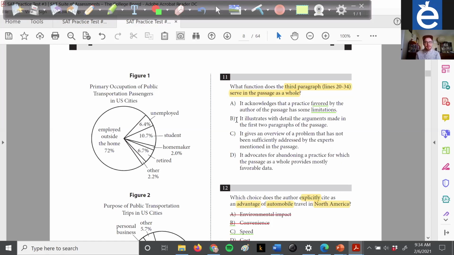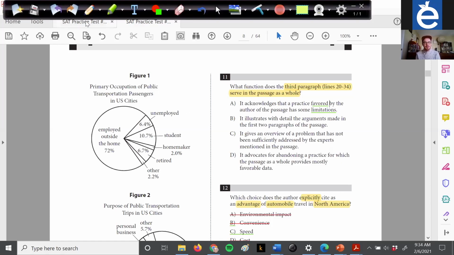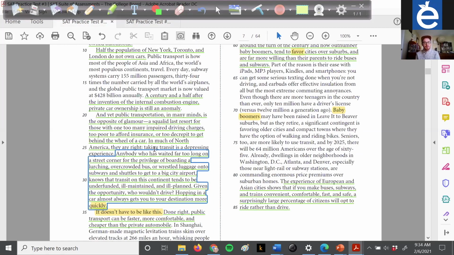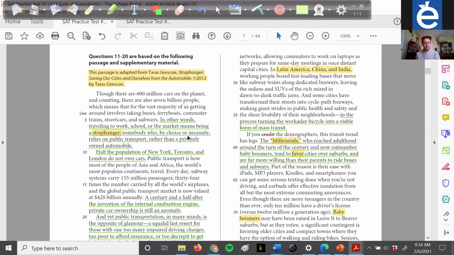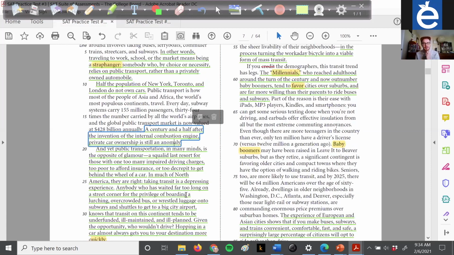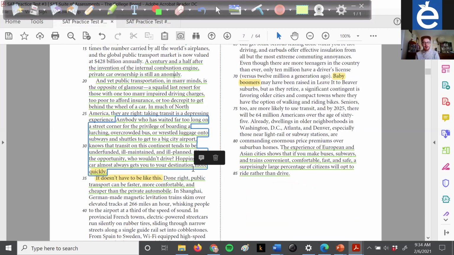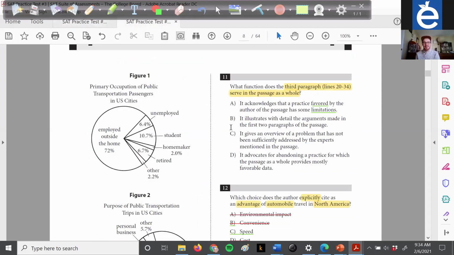B, it illustrates with detail the arguments made in the first two paragraphs of the passage. Well, we've had a pretty good idea of what's going on in the first two paragraphs. It's talking about how a lot of people don't own cars, and a lot of people have to do public transportation. And then this is talking about how it's really lame. So I don't think it really expands on the ideas. It's more of a left turn.